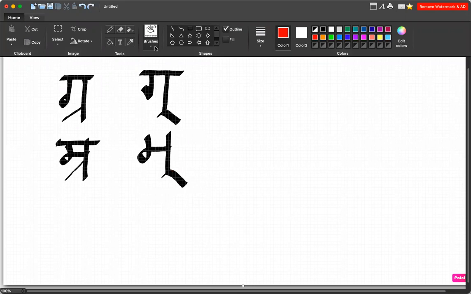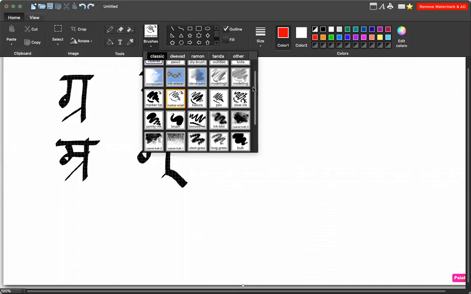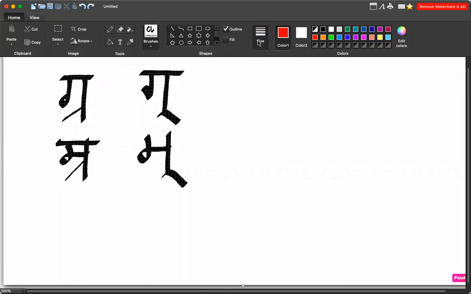We'll take another letter. So for example, this letter is, sorry, you're writing this, and this is Devanagari.